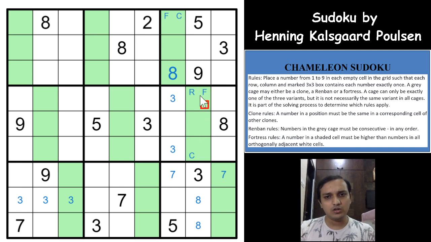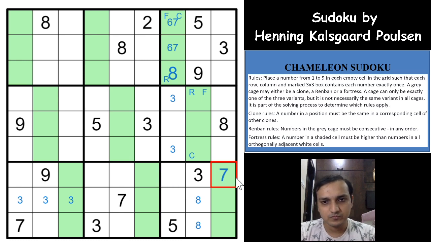This is a clone region, and it cannot have an 8, and this region has an 8, which means it has to obey a Renban rule. And according to the Renban rule, you need to have 3 consecutive digits, and you cannot have a 9 in those 3 consecutive digits containing an 8, which means it has to be 6, 7, 8 in any order. So because of the 7 here, we can eliminate 7 from here, and we get a 7 here, right?